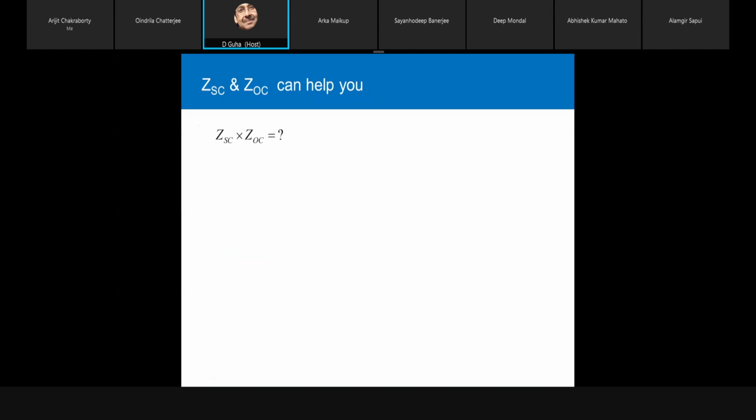Can you do this homework? Not homework, right now you can do this. You multiply ZSC by ZOC, that is, open circuited input impedance and short circuited input impedance. You multiply and tell what's your right hand value. So Z0 square. Z0 square.